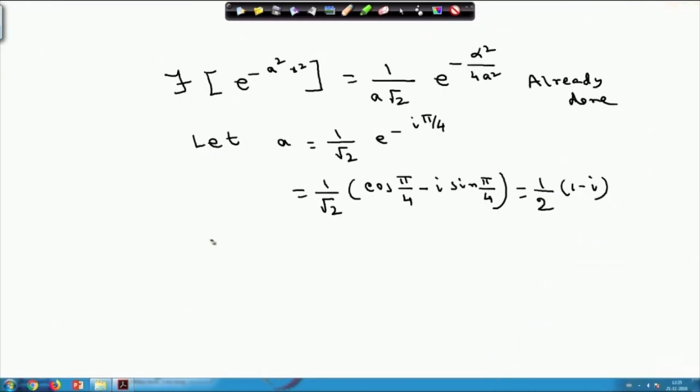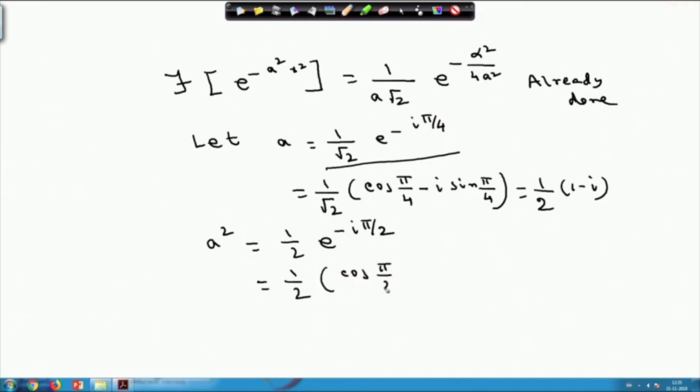From here you can write a square as half into e power minus i pi by 2. Again I can write it in terms of cos and sin: cos pi by 2 minus i sin pi by 2.